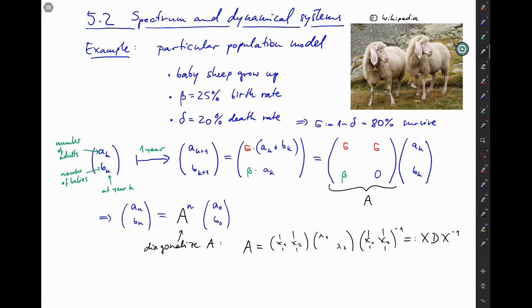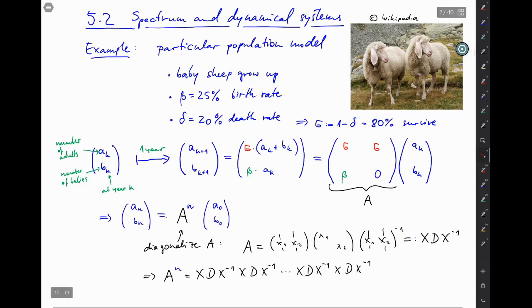Let's just abbreviate this by matrix X times matrix D times matrix X inverse.